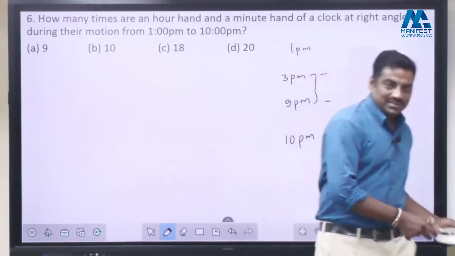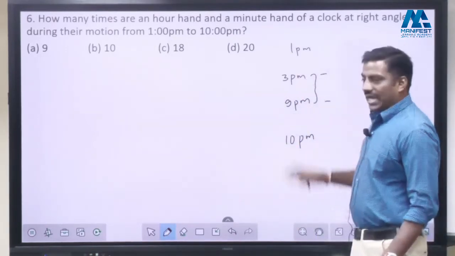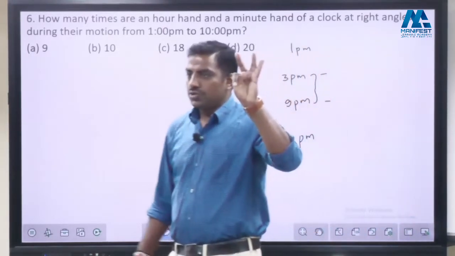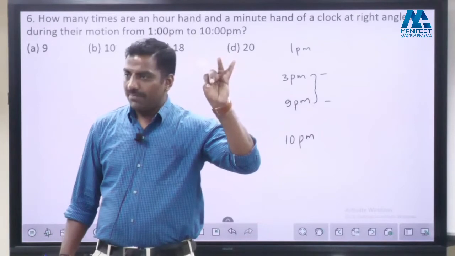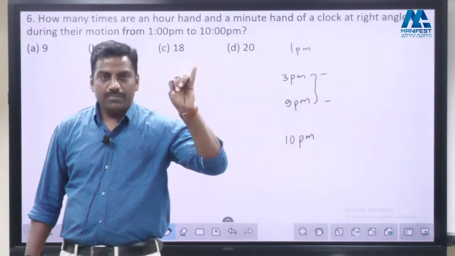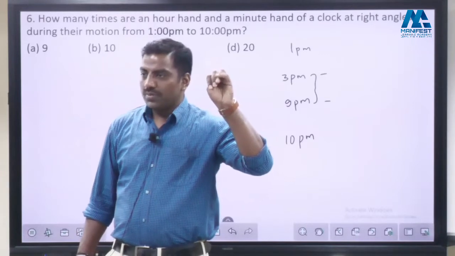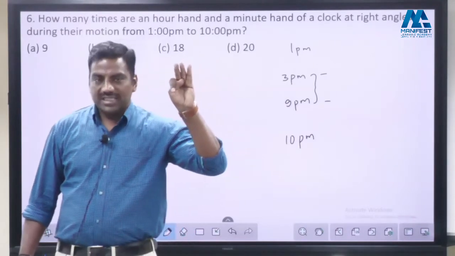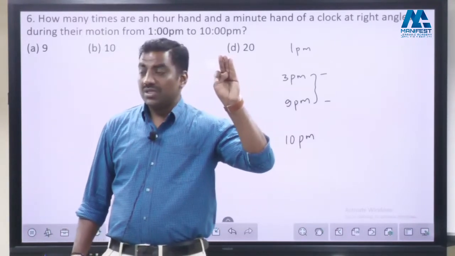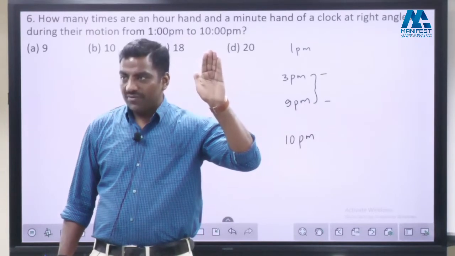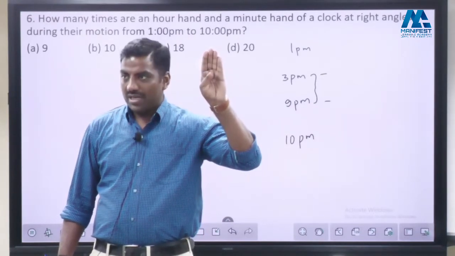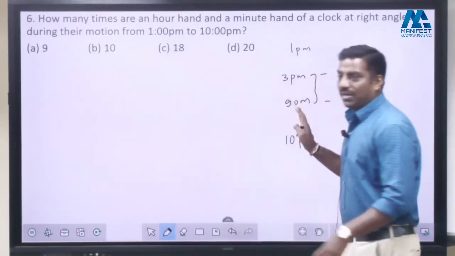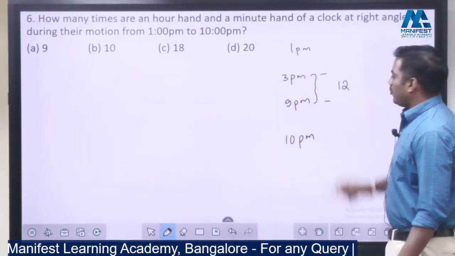Like that, from 3 to 9, if you imagine: 3, then somewhere close to 3:35, somewhere close to 4:10, somewhere close to 4:40, somewhere close to 5:10, somewhere close to 5:45, somewhere close to 6:15, somewhere close to 6:50, then somewhere close to 7:20, somewhere close to 7:50, somewhere close to 8:25. And again I am counting 9. So 12 times. So if you take both 3 p.m. and 9 p.m., totally we have 12 times.